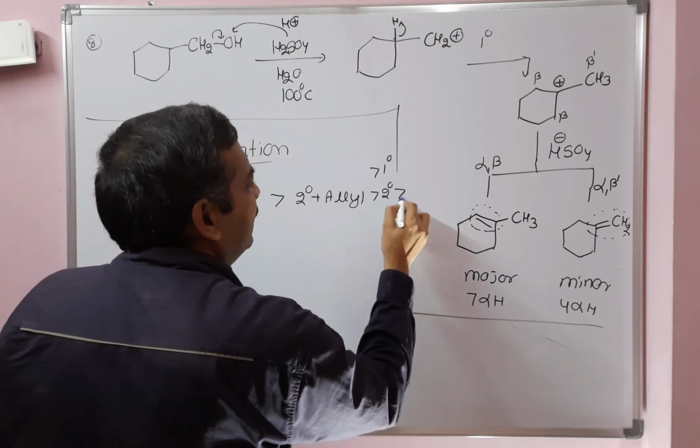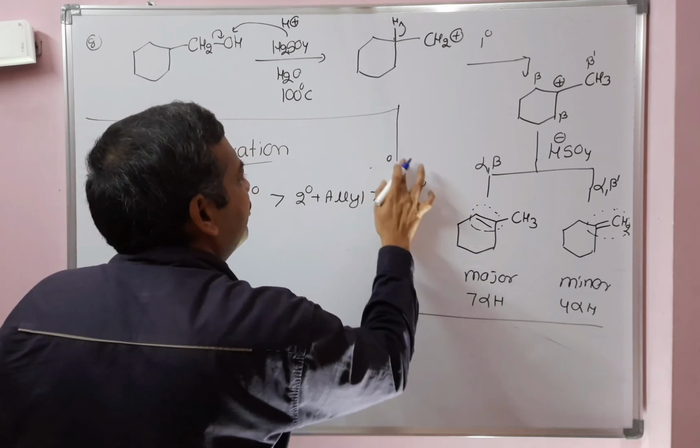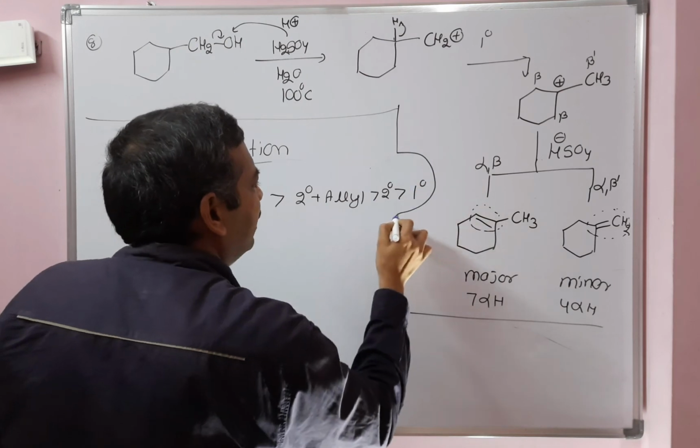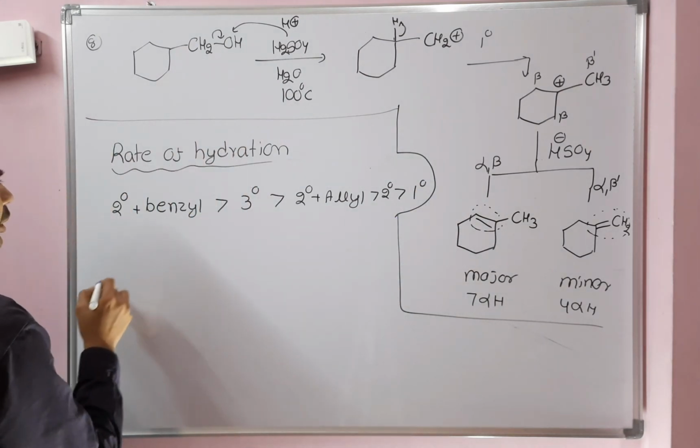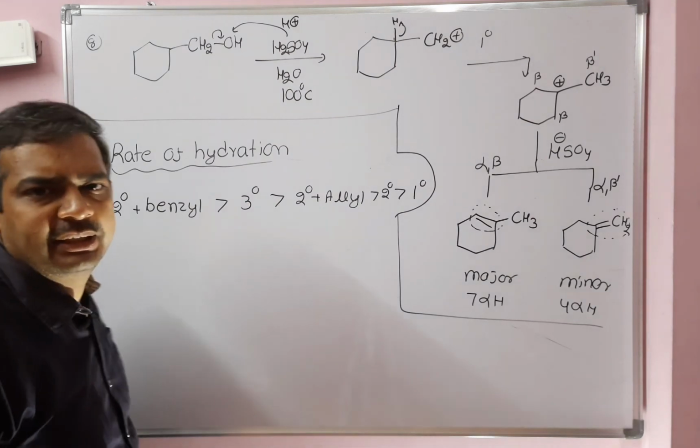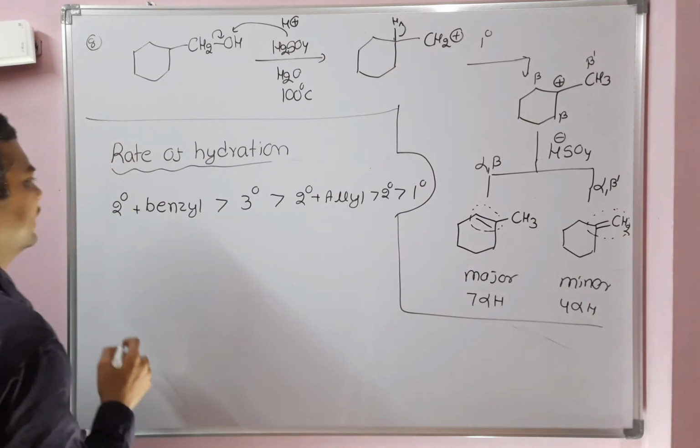Least one is primary. Secondary, after that primary. So I will write this: secondary, primary is the least. Okay, this is the order. Now one example of which will readily undergo dehydration with respect to the E1 reaction.